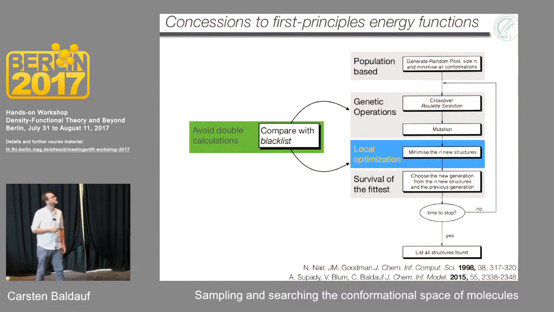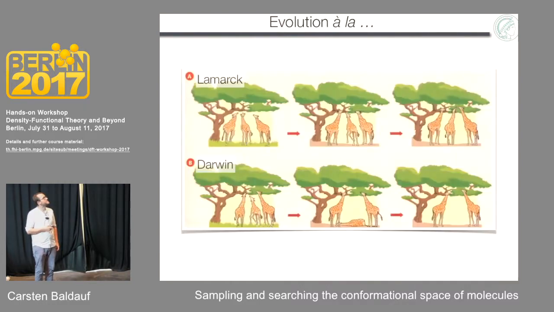expensive energy function. In the end, that means that we are not doing Darwinian evolution, where essentially a certain feature, a certain genotype dies out because the giraffe is simply not able to reach the tree.